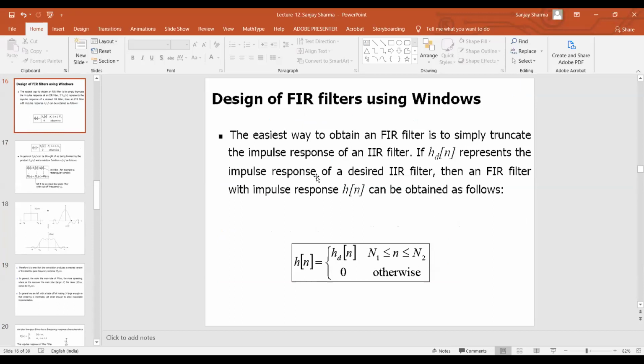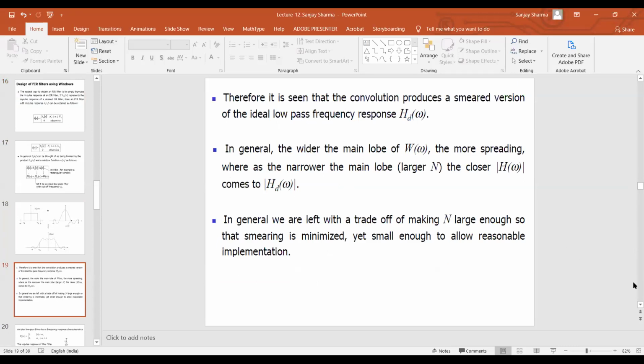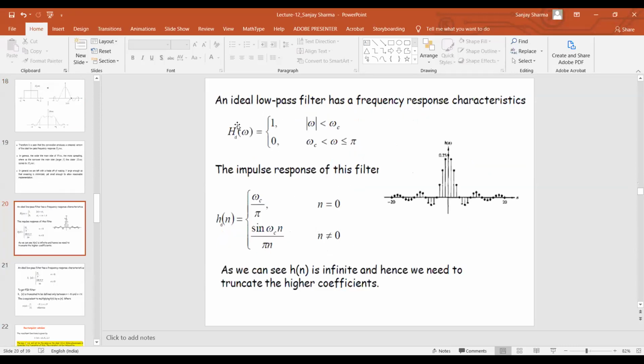You will be given any filter response which is infinite. To take an example, this is the ideal low pass filter. The frequency response is 1 from 0 to omega c, let's say. Let's not consider the negative side.